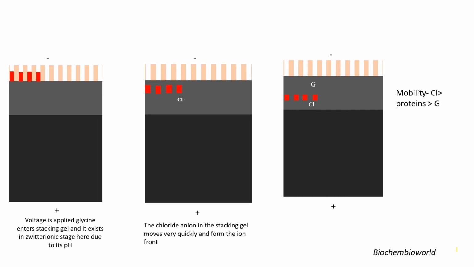Then comes the protein sample, then comes my glycine molecules. Hence in this stacking gel, the protein sample which I wish to separate is sandwiched between the fast moving chloride ions and the trailing ions, which are the glycine ions.